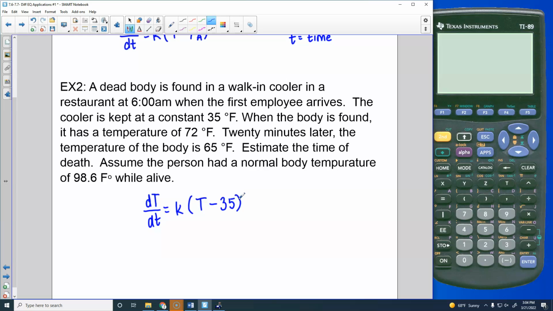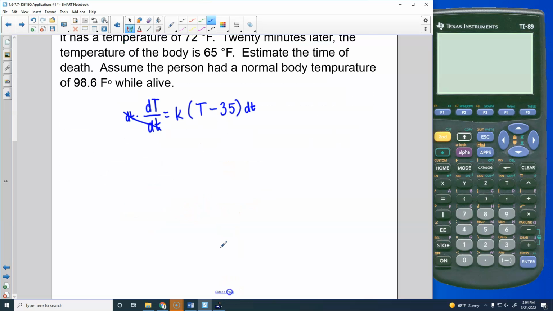Okay, so we're going to solve this differential equation. So we multiply both sides by dt. And remember, capital T and lowercase t are different variables in this problem. So our variables are not separated. We've got to get rid of this capital T, so we're going to divide over here.